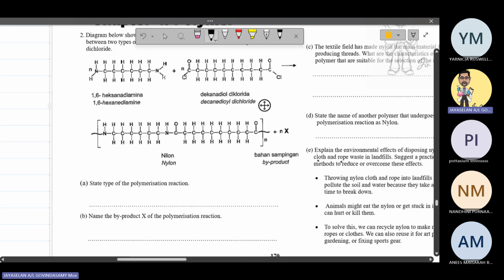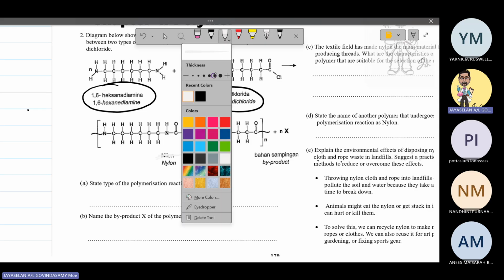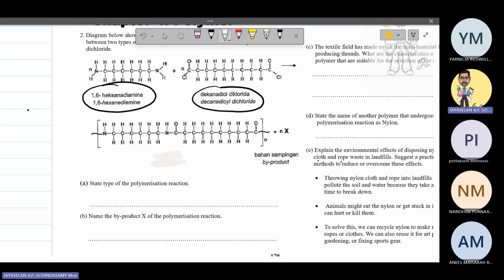Once you see, in the exam they already give you this is hexa, 1,6-hexadiamine, decanediol dichloride. And this one I give you, in the exam they won't give. I give you because I want you all to memorize. In the exam, they won't give. They will put polymer Y. So you have to identify polymer Y. This is what?